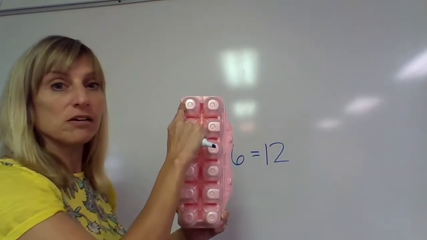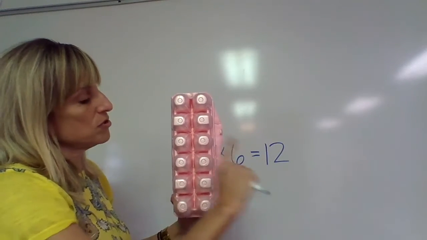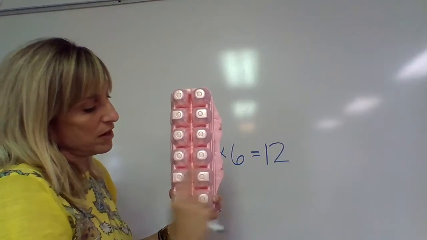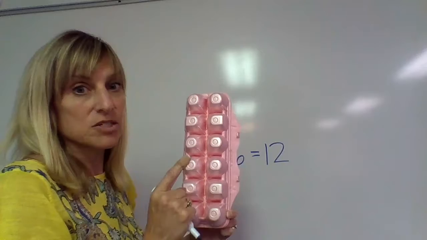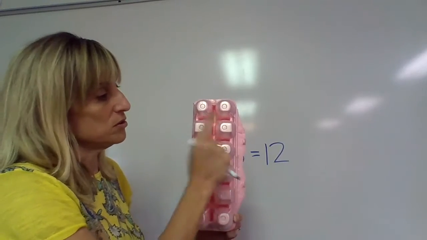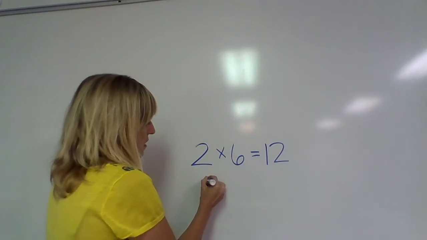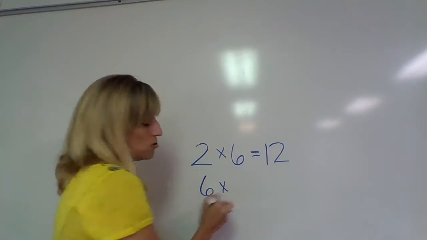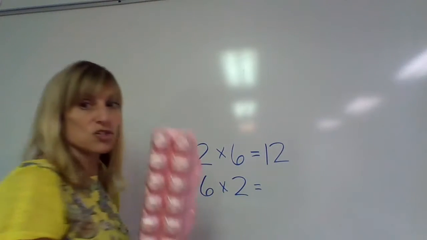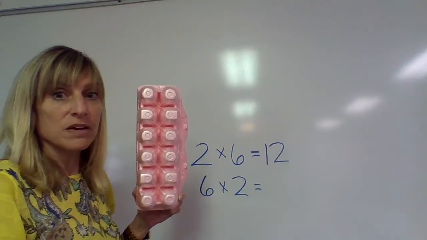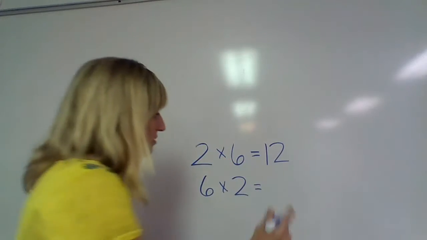Okay, so now we're going to count how many rows we have. 1, 2, 3, 4, 5, 6. We have 6 rows, and each row has 2. 1, 2, 1, 2, 1, 2, 1, 2, 1, 2, 1, 2. Okay, so I have 6 rows with 2 in each row. And that still equals 12, right? I didn't switch the egg carton around. It still equals 12.